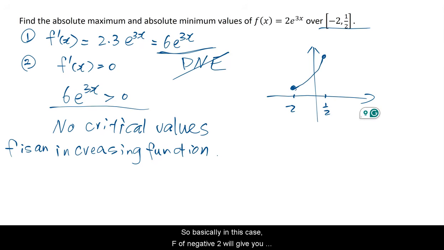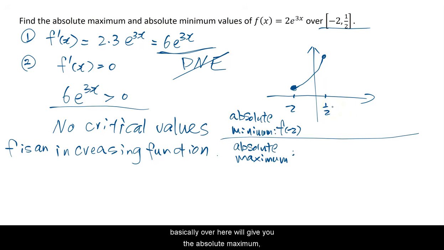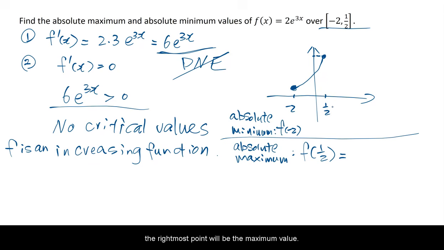So basically, in this case, f of -2 will give you the absolute minimum, and f of 1/2, basically over here, will give you the absolute maximum, because we know our function is an increasing function. So the leftmost point will be the minimum value and the rightmost point will be the maximum value.